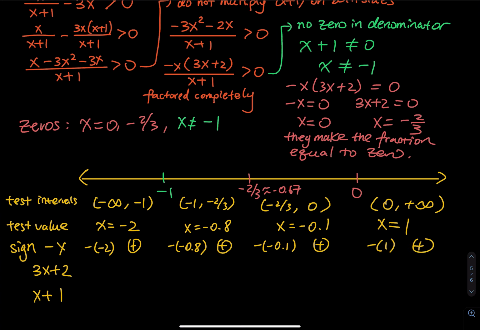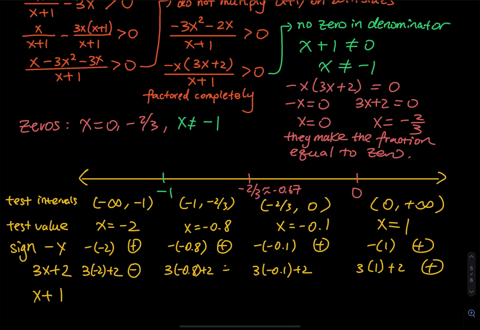All right, how about the next line? So 3 times x plus 2: 3 times negative 0.8 plus 2, 3 times negative 0.1 plus 2, 3 times 1 plus 2. I can see that this is definitely positive. And then negative 6 plus 2, negative. And then 3 times negative 0.8, negative 2.4 plus 2, still negative.